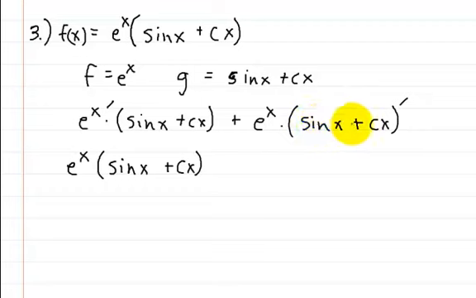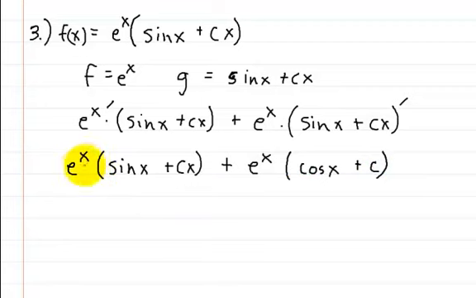Now over here, we're taking the derivative of the second part. I'm just going to bring down the eˣ. The derivative of sine is just cosine, so let's write that down: cos(x). When you take the derivative of cx, the derivative of the x is just 1, and the constant just stays there, so we just get plus c. And so that's pretty much it.